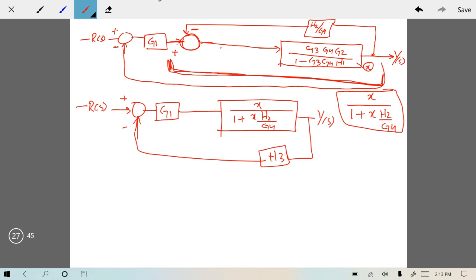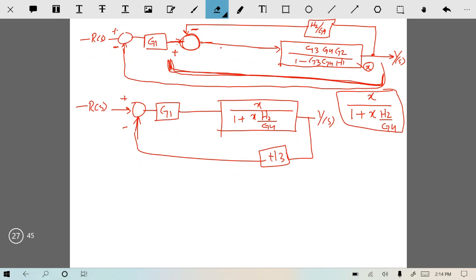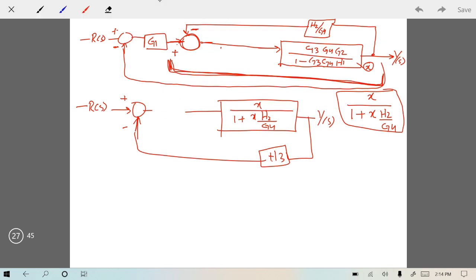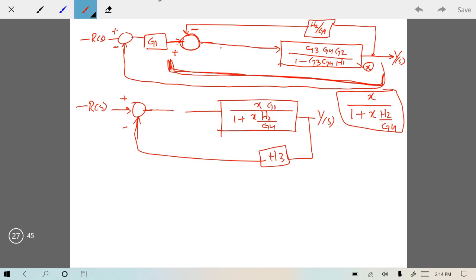Yes, I can. I have G1 and this block in series. So I can join this G1 with this block and write it inside the block. So this will become X into G1. Can I reduce it further?